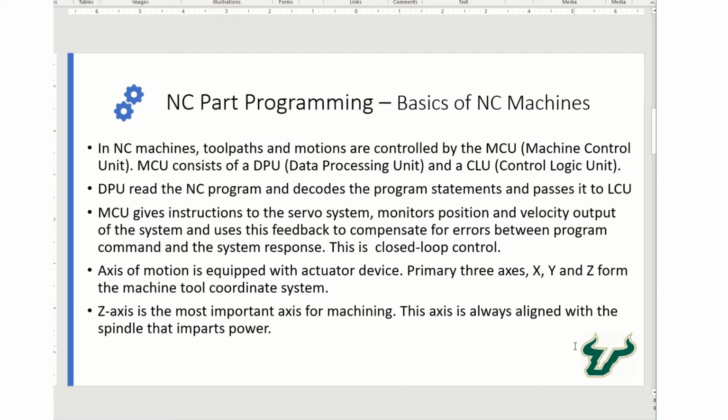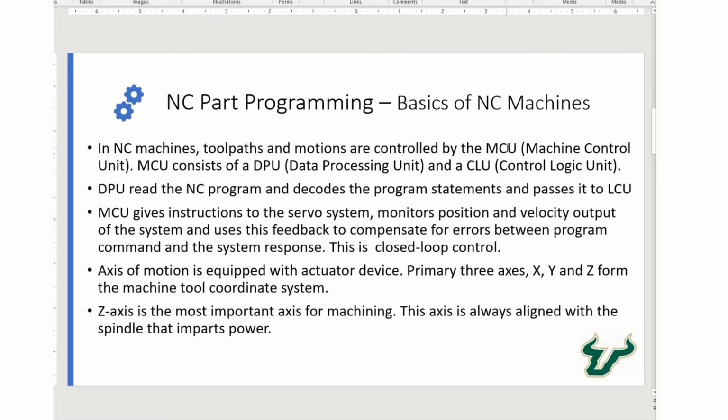This information includes positions of each axis of the machine, the direction of motion, the feed rate, and the auxiliary function control signals, for example, whether the coolants are on or off.